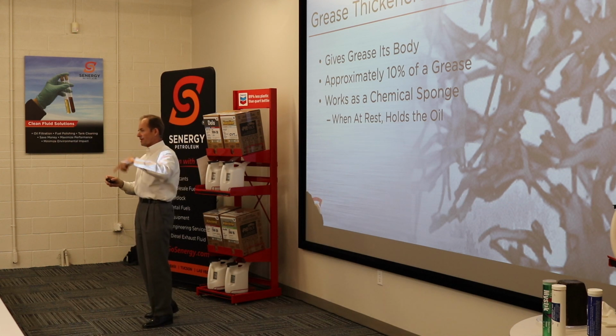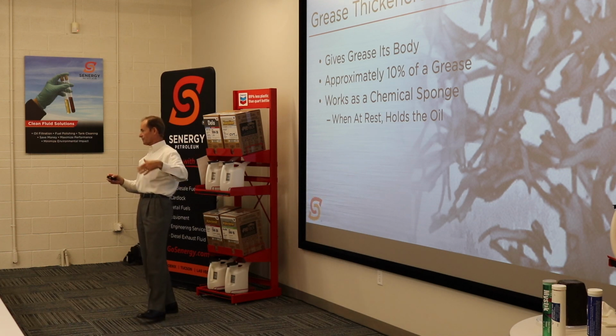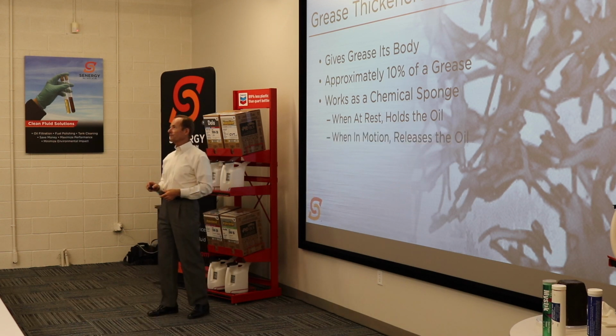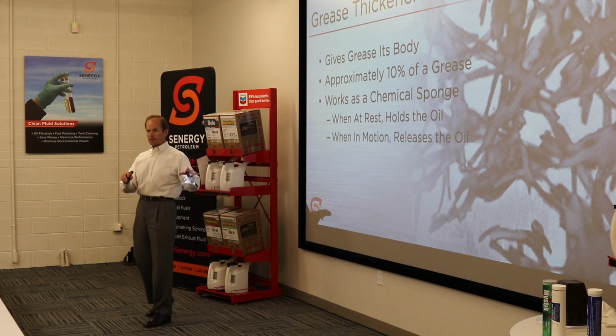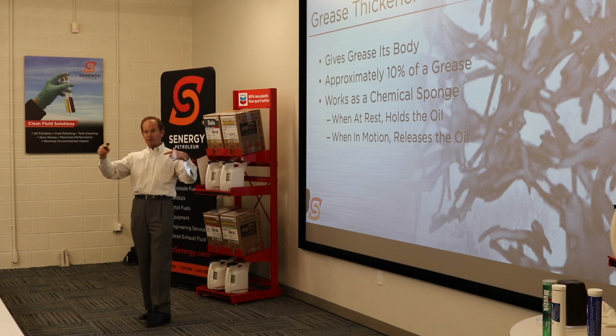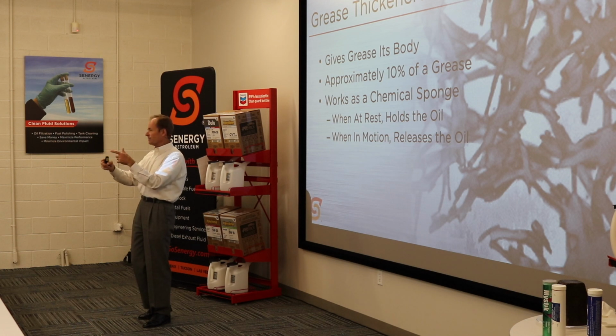We start moving the bearing, okay? The grease people's term for this would be shearing the grease, because the grease is now moving inside the bearing. So when it's in motion, the oil is getting squeezed out of that sponge. The oil comes out of the sponge, goes to where it needs to lubricate. It goes to the bearing, gets between the bearing element and the race.